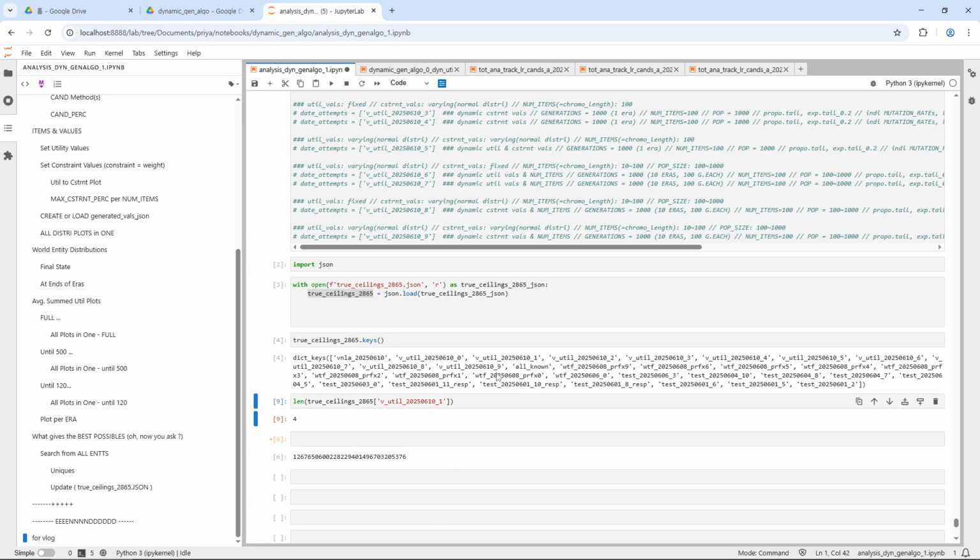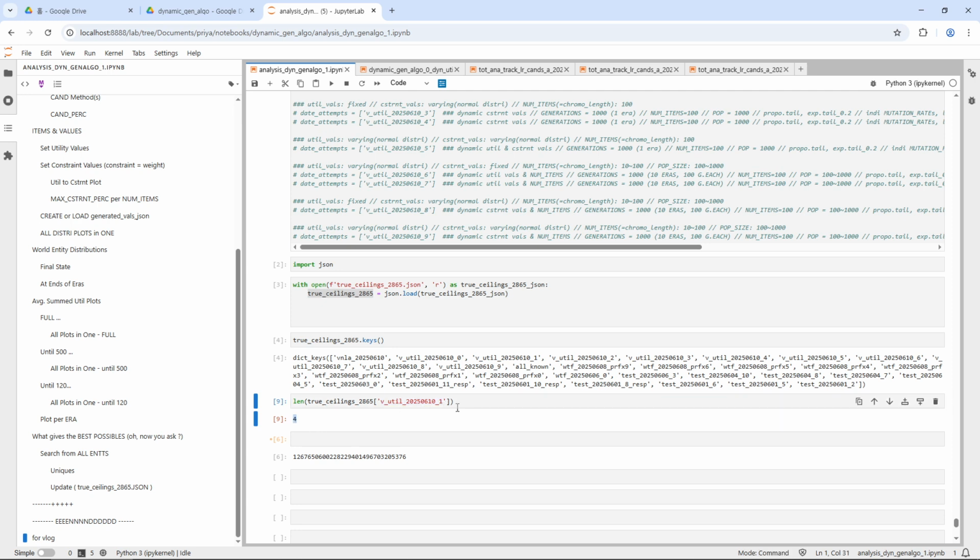Now I can't say if all of these were actually unique. For example, this 4 is the number of unique true ceilings that were found within this iteration, that is vutil 2025 0610 1 10_1.